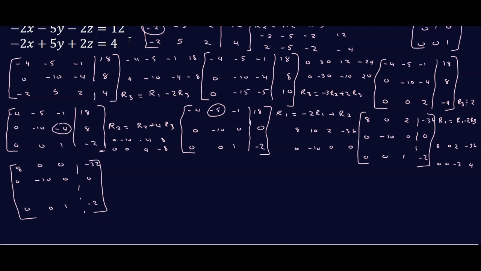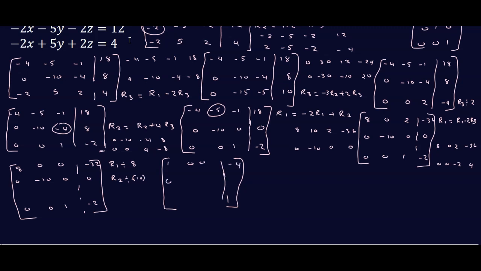So now I'm going to do quite a few of them at the same time. I'm going to say row 1 divided by 8. I'm going to also say row 2 divided by -10. That's all that we have left to get our reduced echelon form. So we have 1, 0, 0, and then we have -4.